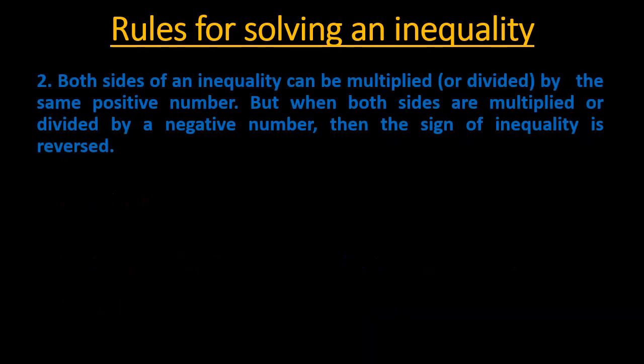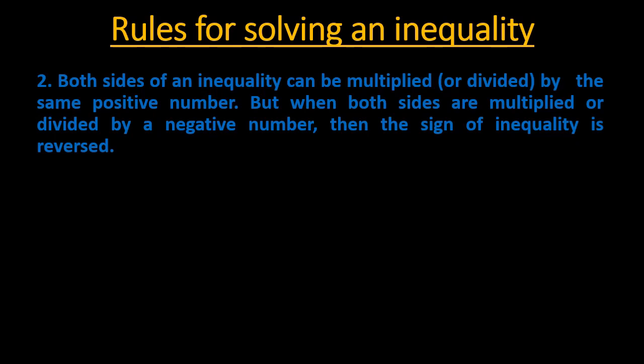Now we discuss rule number 2. Both sides of an inequality can be multiplied or divided by the same positive number, but when both sides are multiplied or divided by a negative number, then the sign of inequality is reversed. So if we multiply or divide by any positive number on both sides of the inequality, then it will not affect the symbol.